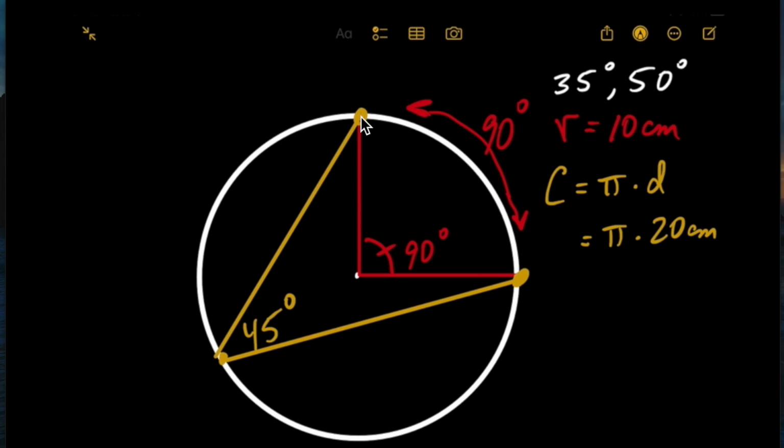And if you're only talking about 1/4 of the circle, this distance would be 5 pi centimeters. So again, when you talk about an arc of a circle, you can talk about it in terms of length, which would be a portion of the circumference, or you can talk about the degrees of the arc.